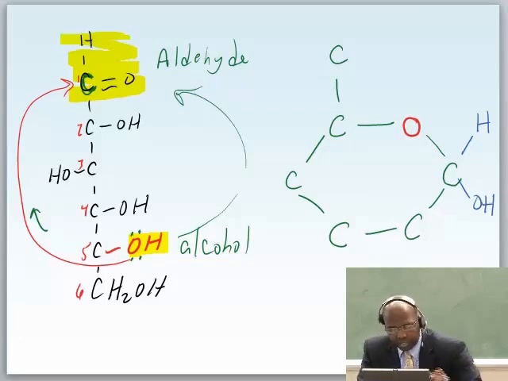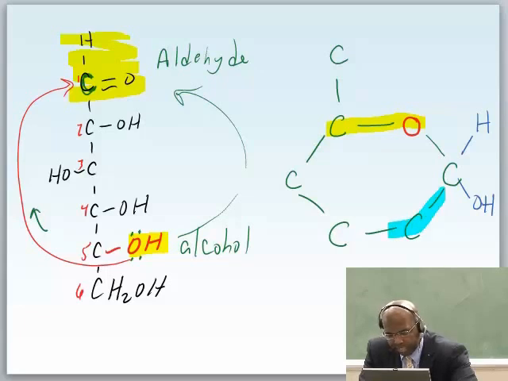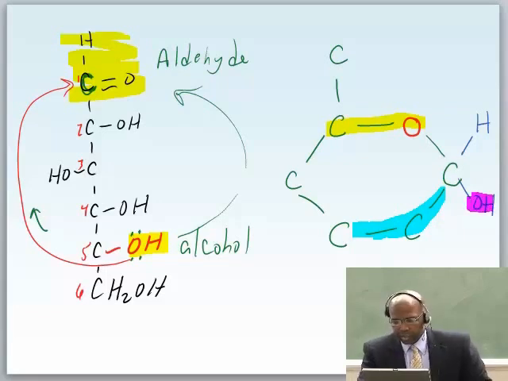So I'm going to shade here. This is an OR. The yellow shade is an OR. The blue shading here is the second R. The blue is the R that's connected. And then the purple, of course, is the OH. And so now that's a hemiacetal.